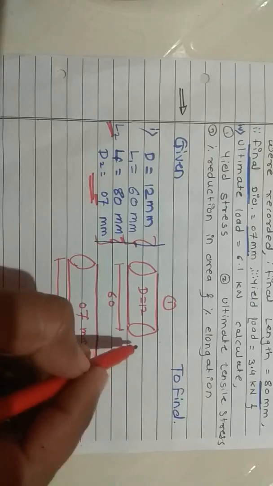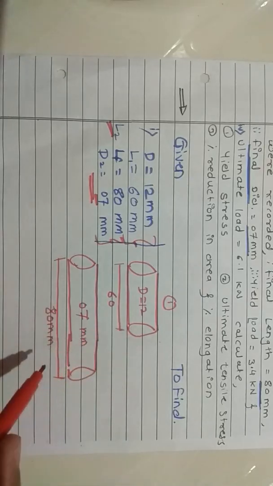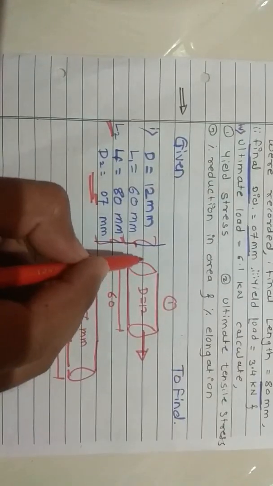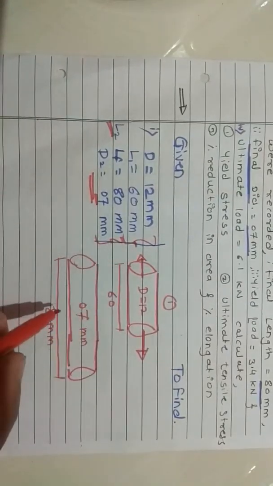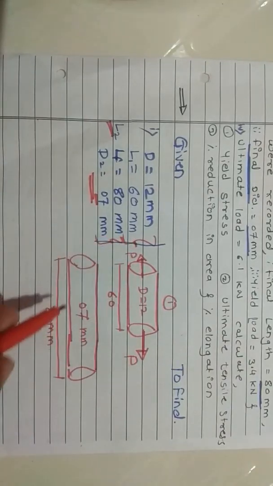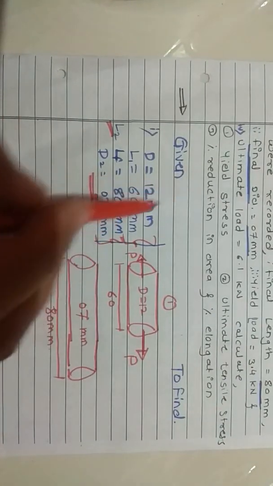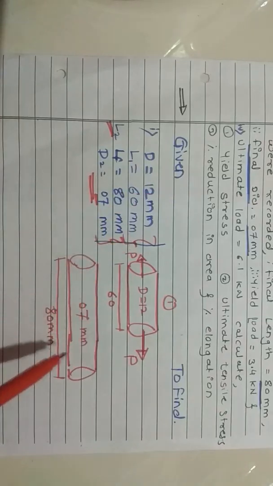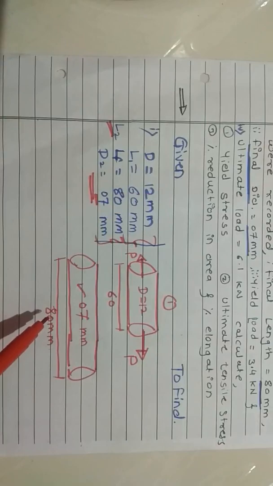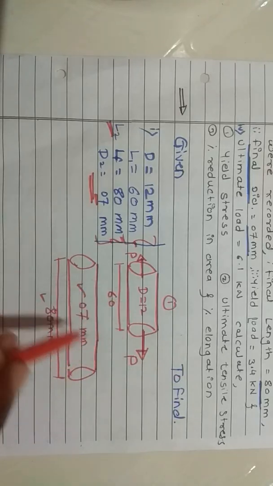Now you can see that when this type of case happens, we can assume that the load applied on the material is tensile one. And the percentage of area reduction is for diameter, and percentage of elongation is for length. Now we can assume this diagrammatically.